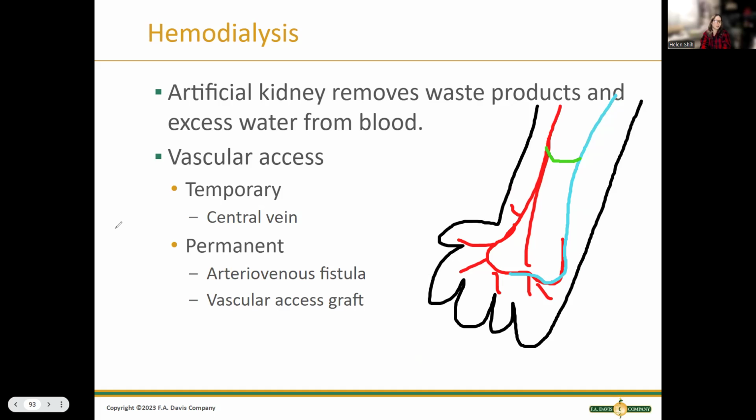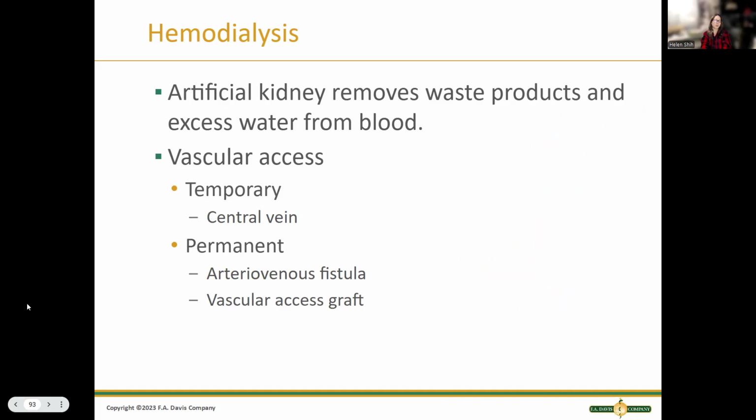So then we put in an artificial graft between the vein and the artery, and then we take our blood supply from this graft instead. Okay, so still the same concept as an arteriovenous fistula. However, the vascular access graft is an artificial tissue in the body. And so over time, it becomes very prone to being clotted because the body recognizes this graft as being artificial and therefore doesn't belong.